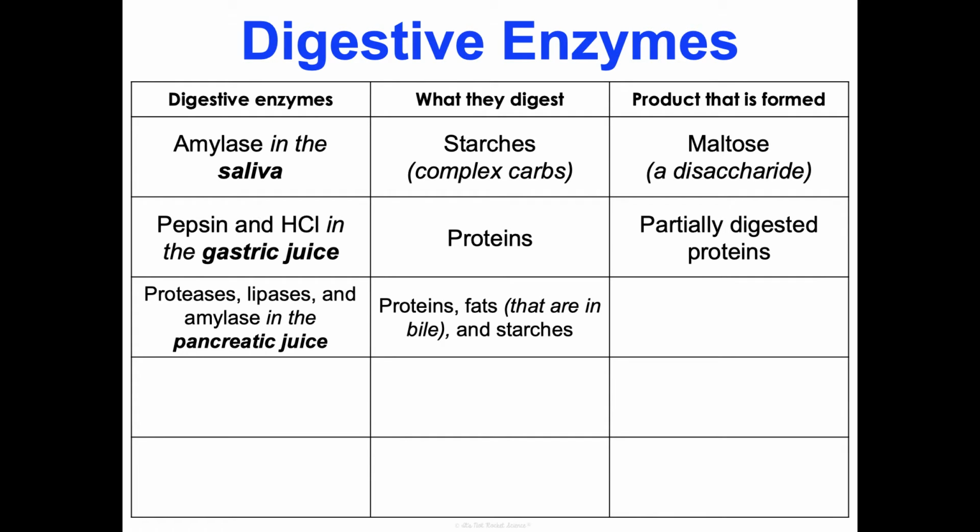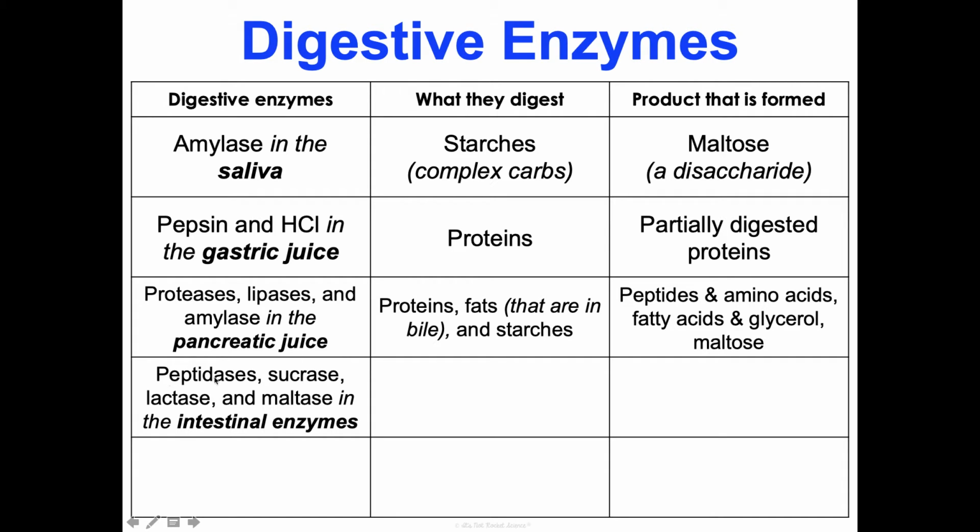These help break down proteins, fats that are surrounded by bile, and also starches, which we started digesting here. They can break down proteins into peptides and amino acids, fats into fatty acids and glycerol, and starches into things like maltose, which is just a type of sugar.